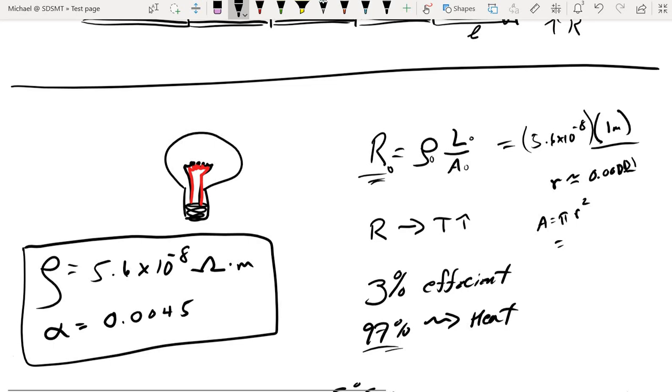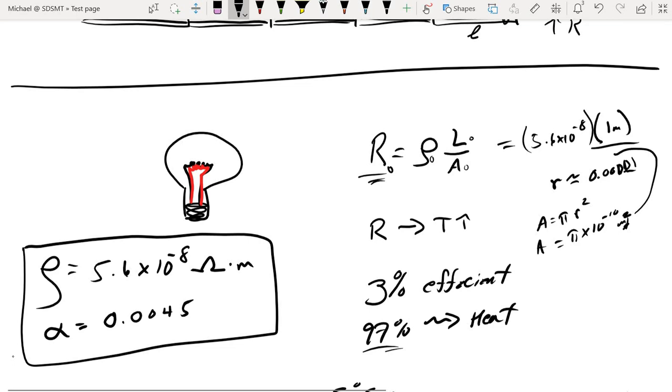Wow, this is going to have a lot of zeros in it. We have 0.00001, which has to be squared, times pi. So I'm getting a cross-sectional area equal to pi times 10 to the negative 10 meters squared.